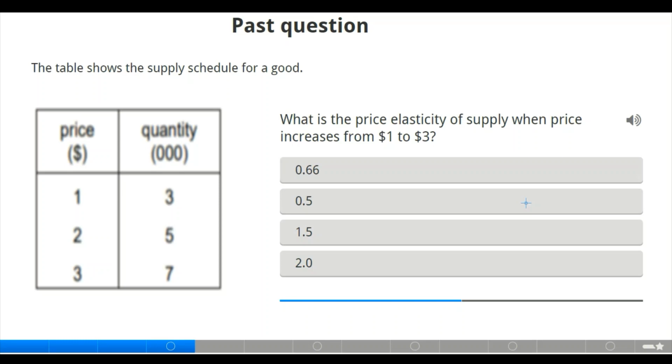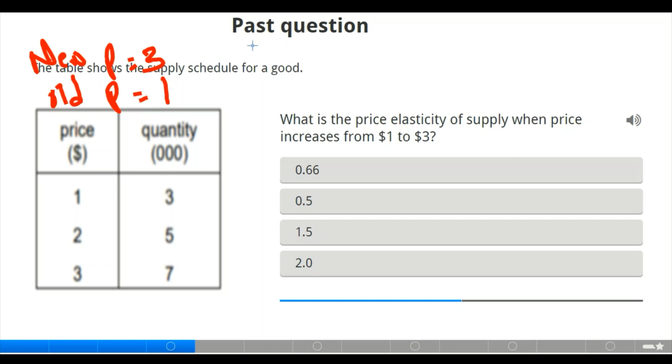If you take a look at this table, our price goes from 1 to 3. But what is our new price? Our new price is 3, while our old price is 1.